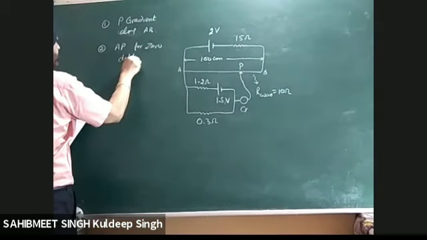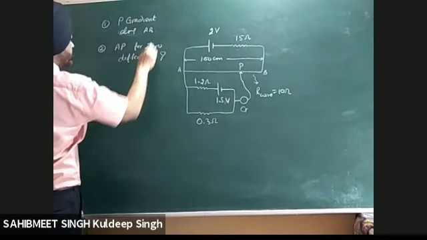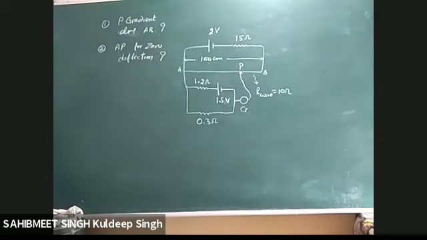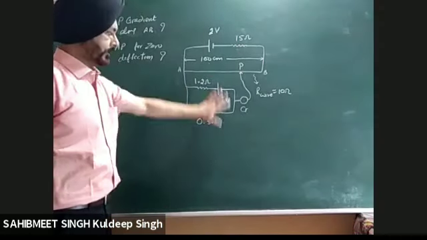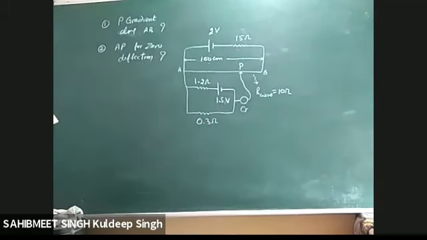I am writing in short. So you are to find these 2 points: the potential gradient along the wire AB, and what should be the value of AP to balance this circuit. Now you are not going to balance the cell directly in this case, so we have to put in more effort, because instead of a cell we are given a secondary circuit.